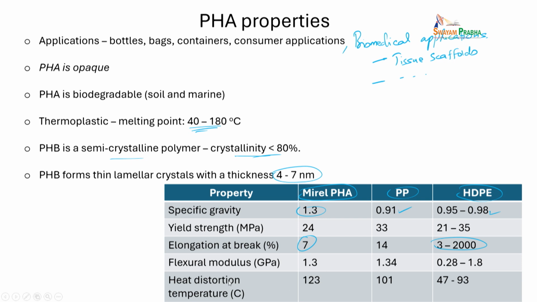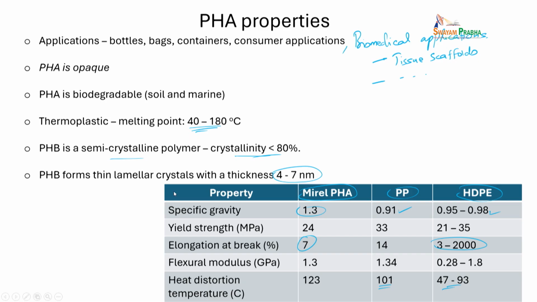Heat distortion temperature is about 123, which is higher than polypropylene and HDPE. Heat distortion temperature is basically the temperature at which the material will deform under a certain applied load. So it can withstand very high temperature.